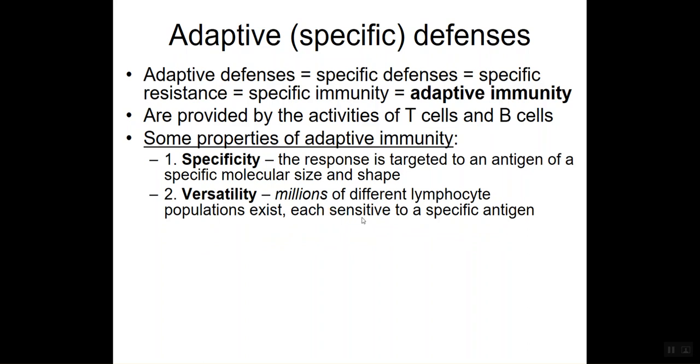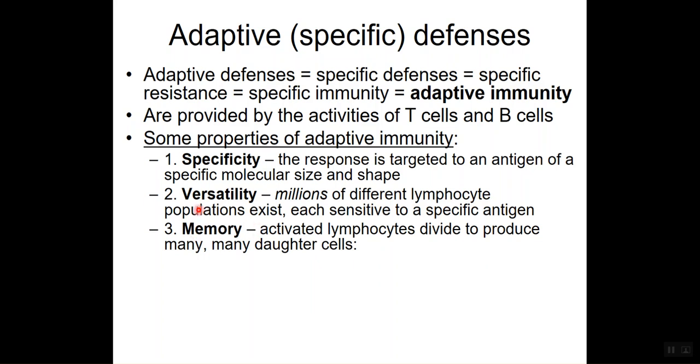So that's pretty incredible. You may not ever come across a specific antigen of a specific disease, but if you ever do, you have the right type of lymphocyte to be able to recognize it and start responding against it. So again, very versatile.